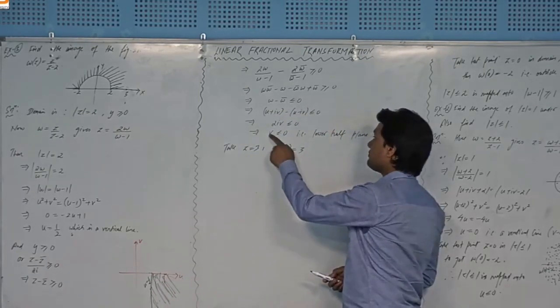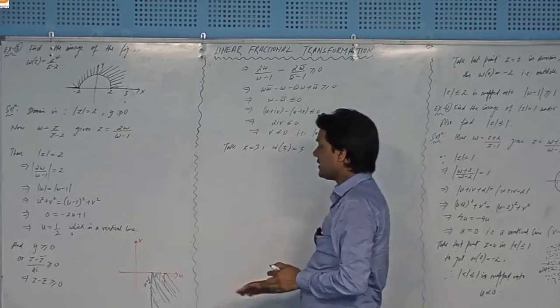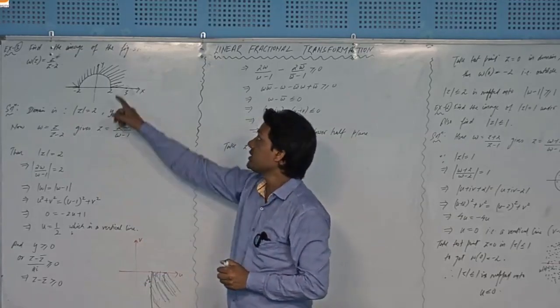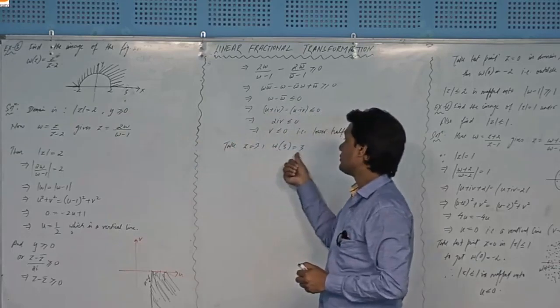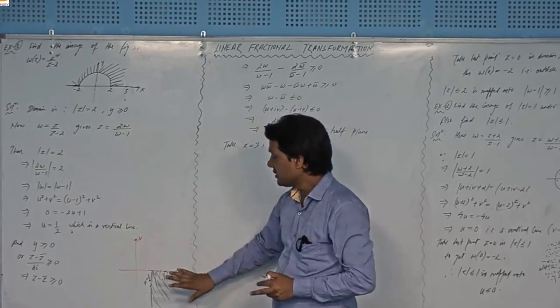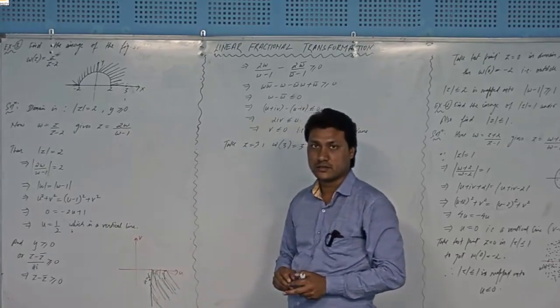Because from here you are getting that v is less than or equal to 0, it indicates that the lower half plane should be shaded, right? But if you take a test point here, z equal to 3, you are getting w of 3 equal to 3, and that is on the right half of this line. So ultimately the final image will be the right half of this vertical line, right?